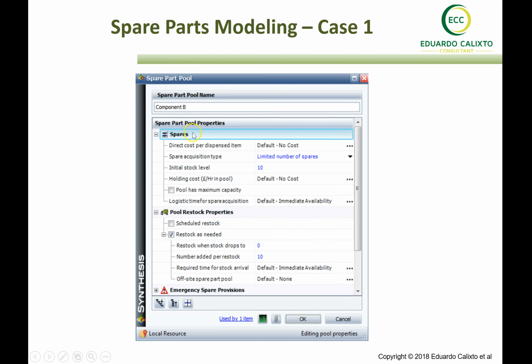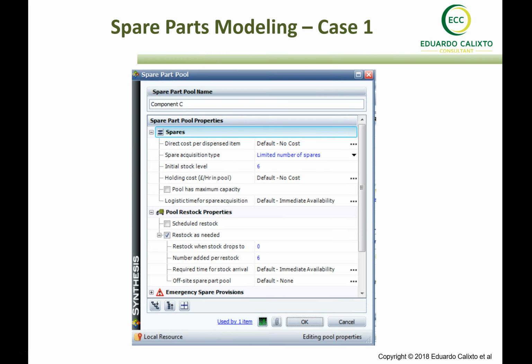For component B, we define as initial stock all the necessary spare parts for the whole life, which is 10, since we have preventive maintenance every 2 units, and we will need 10 parts. And of course, we restock these 10 parts again when the spare parts level gets to zero.